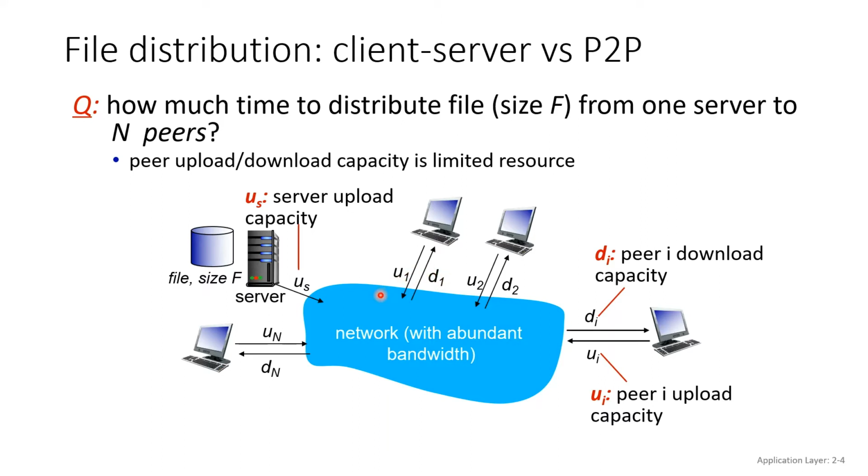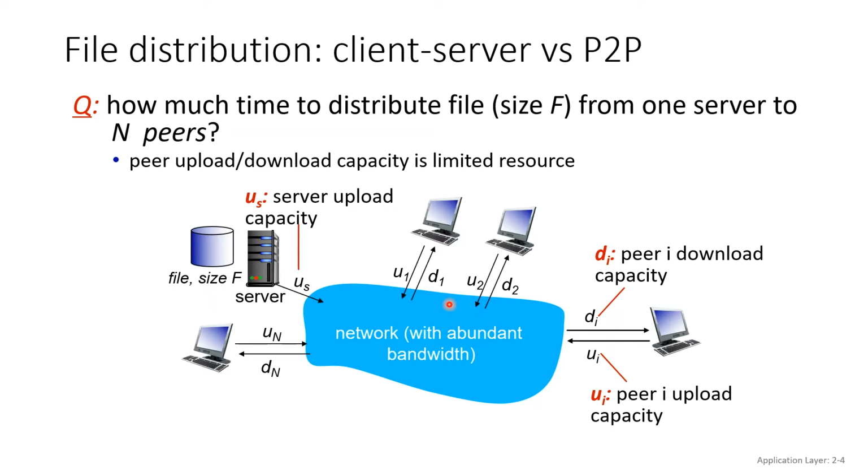In this instance, we have client 1 through client n. So D sub i is the download capacity of the user i, and U sub i is the upload capacity of the user i. That's what we would use.